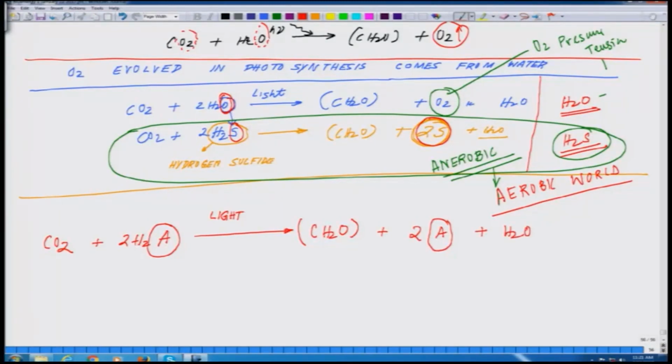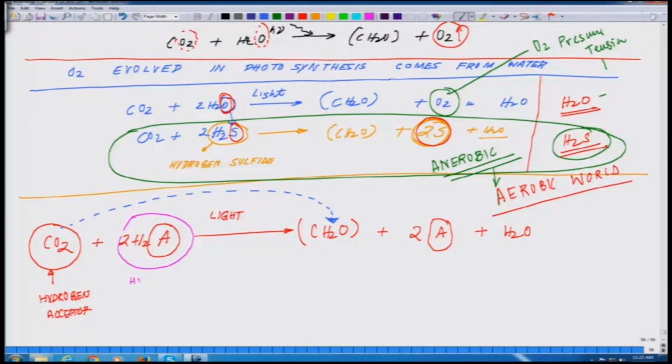Okay. Now, this one is the hydrogen acceptor leading to the biomass formation, and this one, on the contrary, this particular molecule is your hydrogen donor.